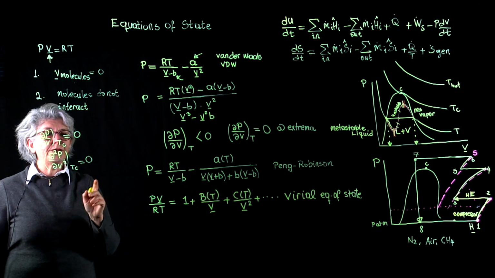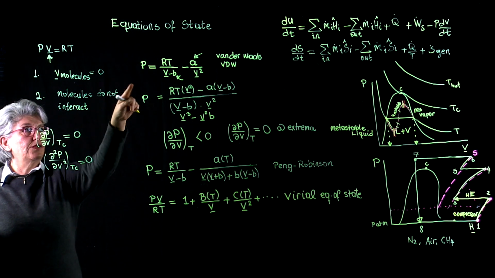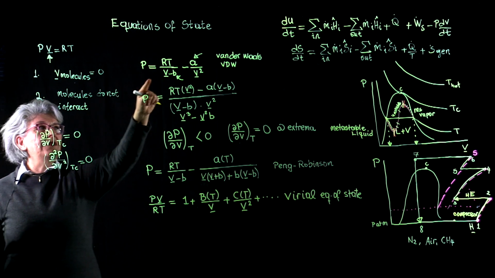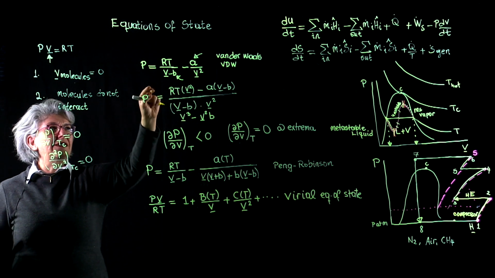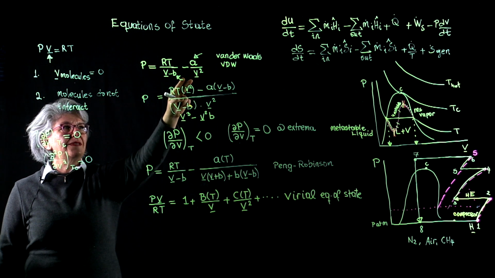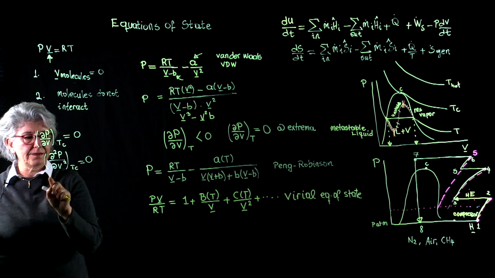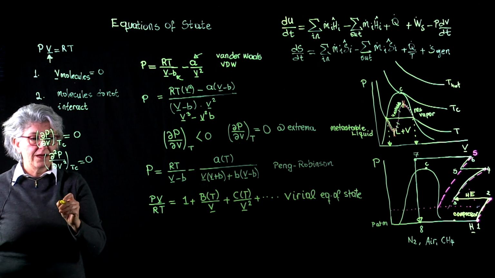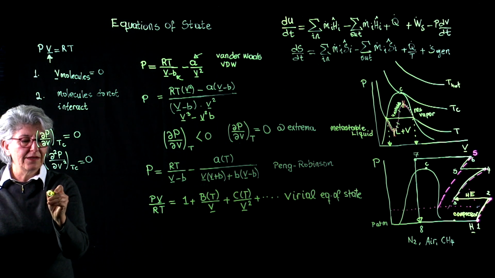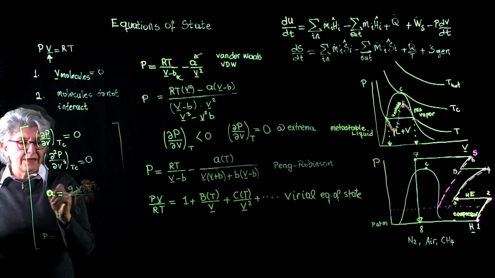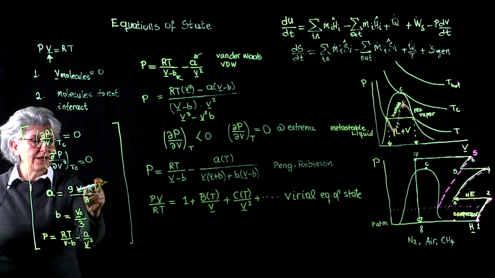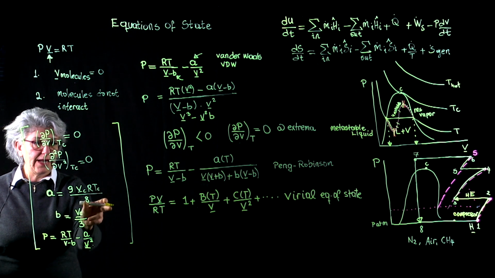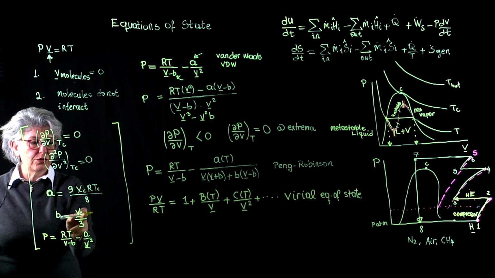From here, we obtain two equations. We take the first derivative, we have one equation. We take the second derivative, we have the second equation. And the constants are that A is equal to 9 V_c R T_c divided by 8, and B is equal to V_c divided by 3.